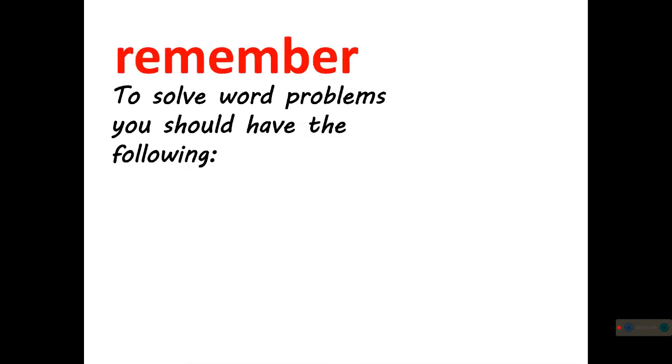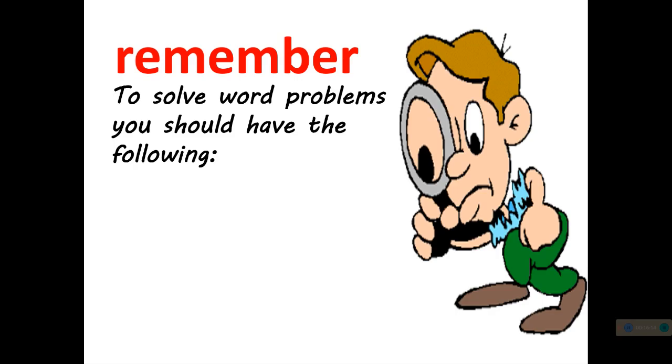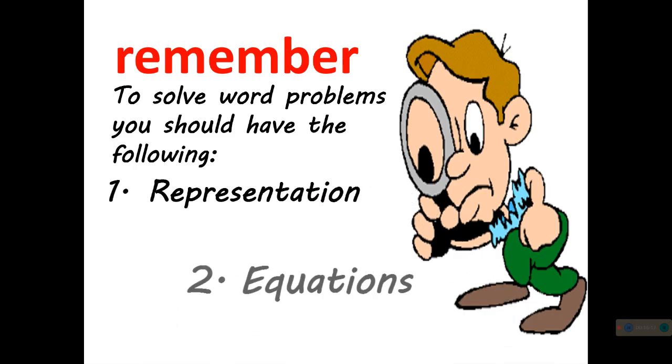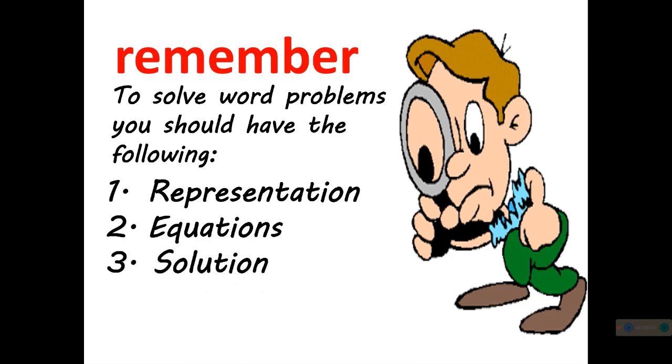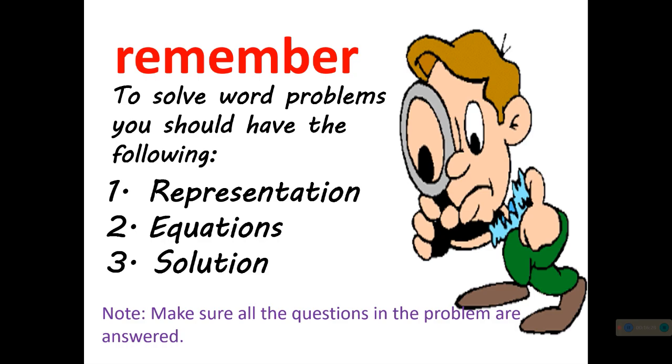So, we have here the steps that you are going to recall. Again, we have here to find first the representation, followed by the equations, and then the solution. Okay? So, again, make sure all the questions in the problem are answered. Especially in this age problem, you are going to find the ages of the persons involved in the given problem.